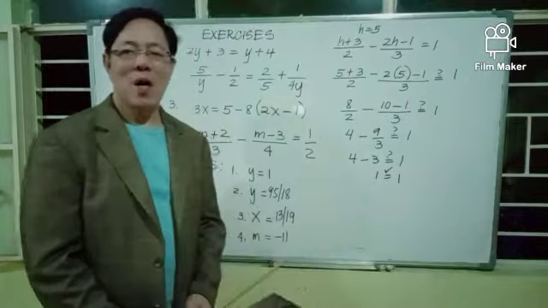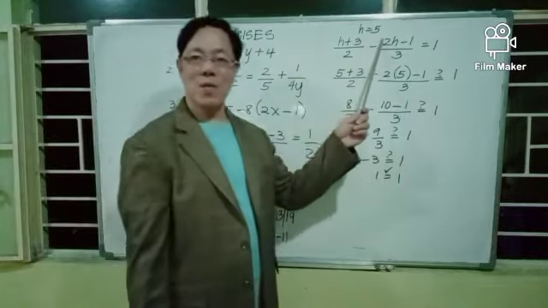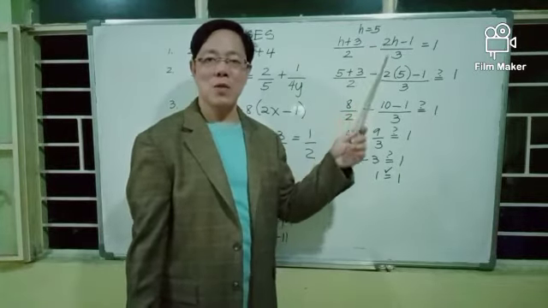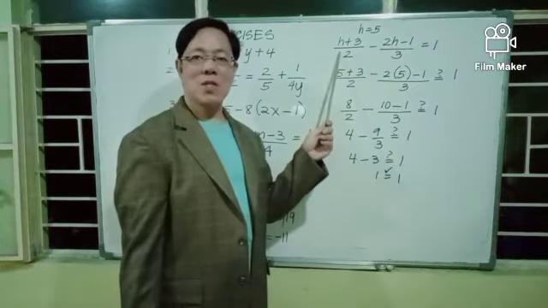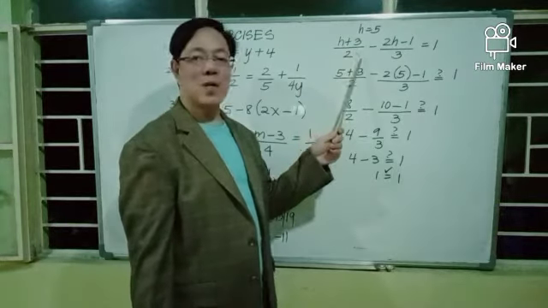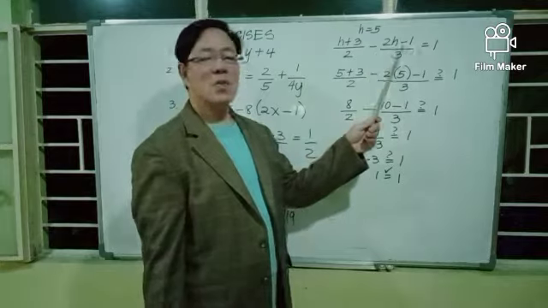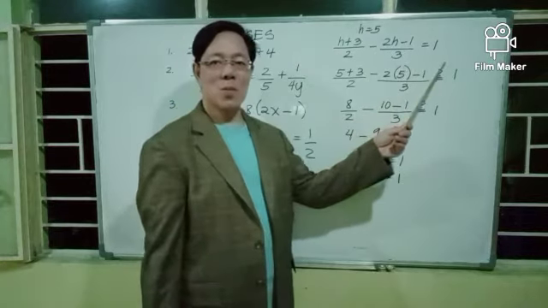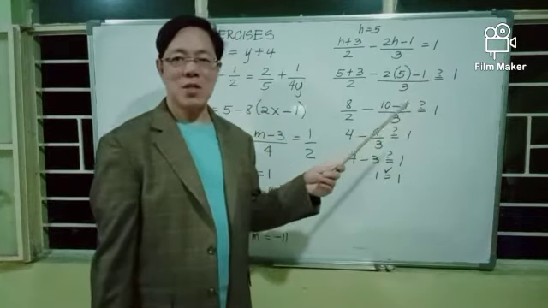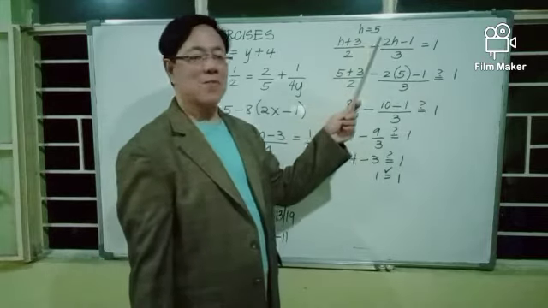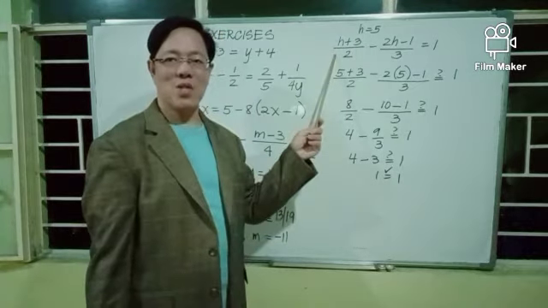We now check if our solution h equals 5 is a correct solution of this linear equation by substituting the value of h equals 5 into this equation.